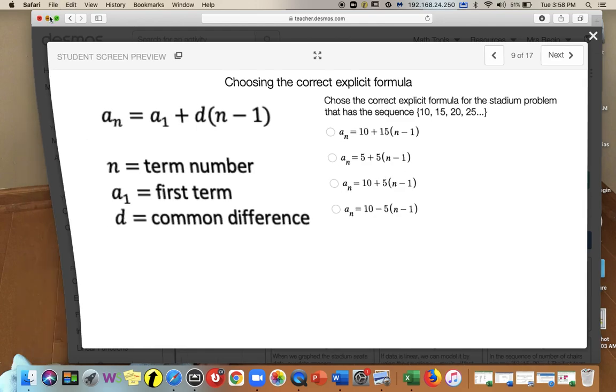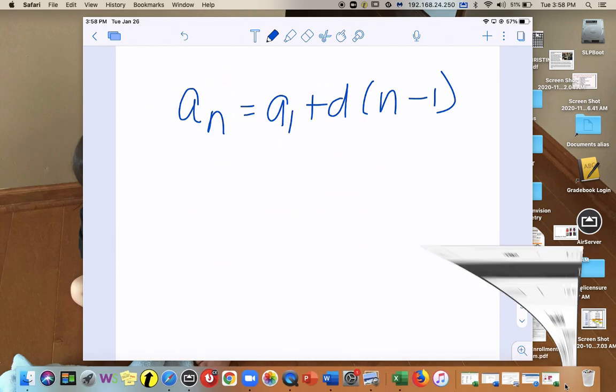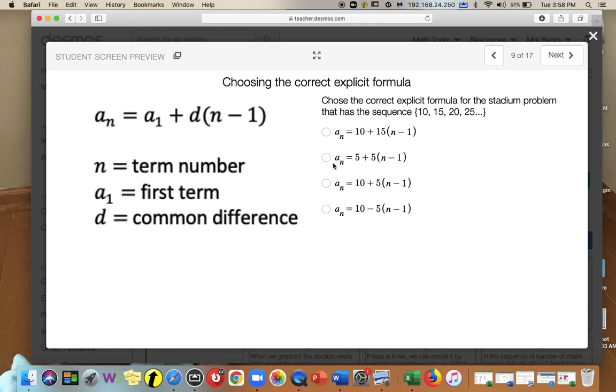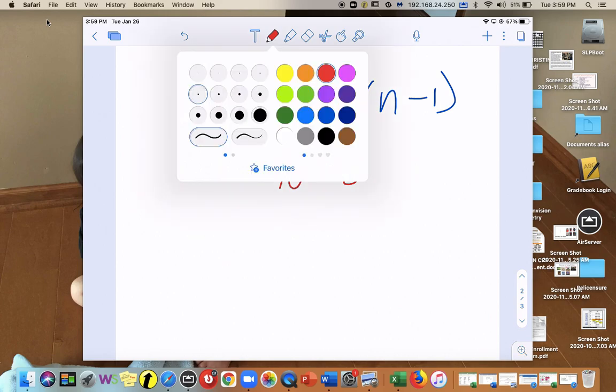Okay, so I'm going to drop this down. Let's plug in. And what are we plugging in for? It's just saying, what's the right formula? Okay, so let's plug in. In this problem, a sub 1 is the number of seats in row 1. So I would put in a 10 for a sub 1, and d is the common difference, which is what is it going up by every time? It's going up by 5 seats every row, and then we'll keep the rest the same.